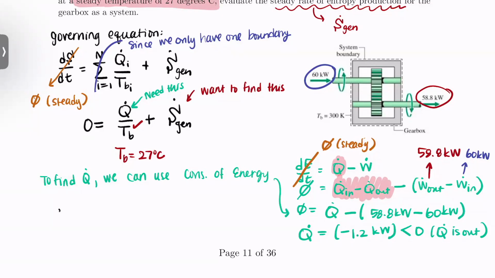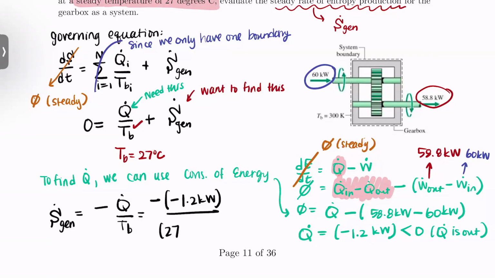All right, so we have S gen dot is equal to minus Q dot over T_B, which is minus a negative 1.2 kilowatts divided by 27 degrees C plus 273 so that we can get into Kelvin. Remember when we're dealing with equations for entropy, we need to always be using an absolute temperature scale.